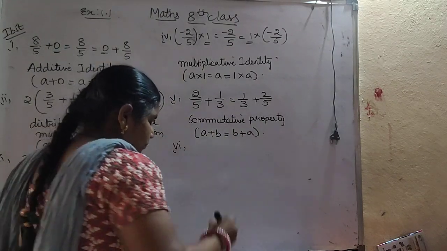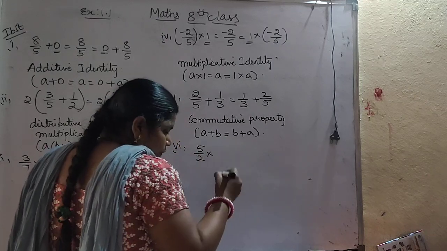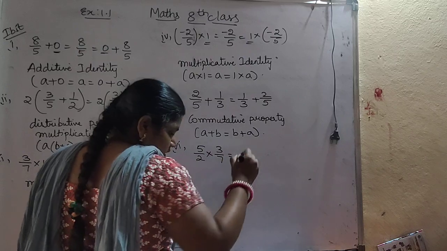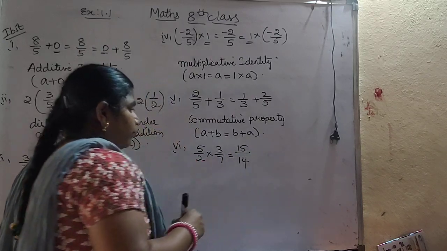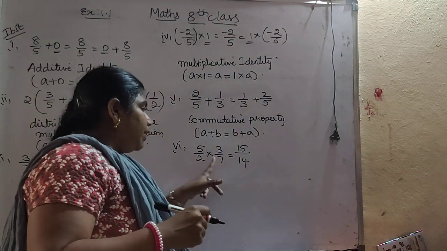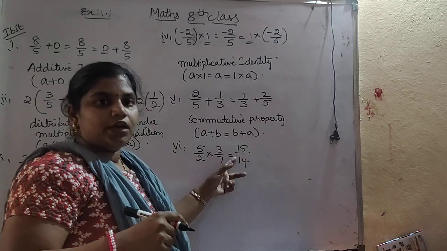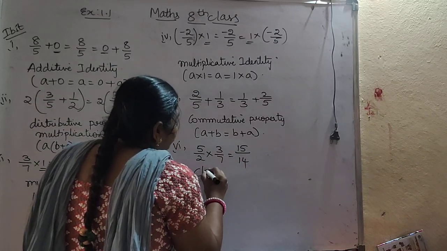So sixth one, 5 by 2 into 3 by 7 is equals to 15 by 14. So which property is this? If you multiply any two rational numbers, the result should be a rational number. So that is our first property, that is closure property.